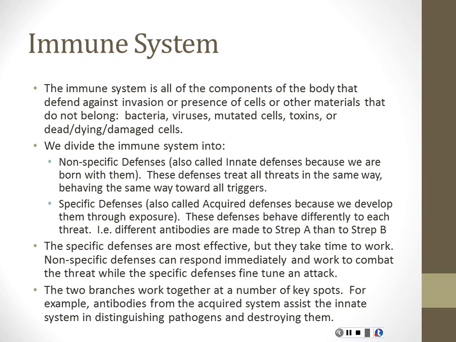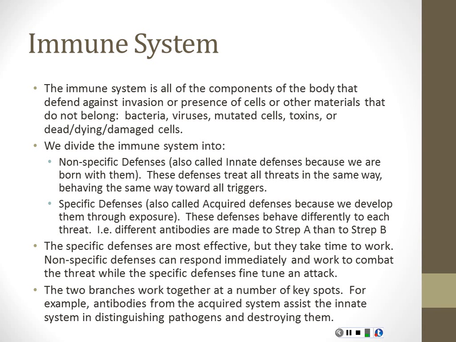Okay. And so in our talk about this, we're going to start over here, because this is the more simple stuff. And then we're going to work our way into the acquired. So this is lymphocytes, make up the acquired system. And this is, we'll say, the rest of the white blood cells are in the nonspecific.